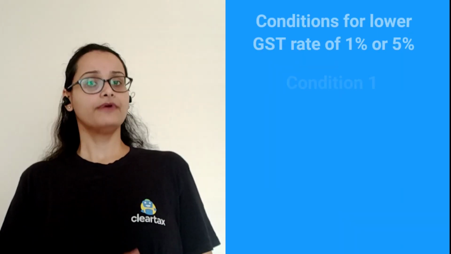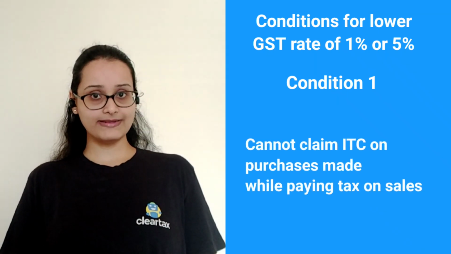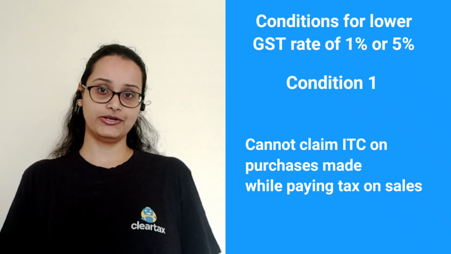Next question that comes to your mind is, what are those conditions to be satisfied by builders to go for the new scheme of lower GST rates of 5% for non-affordable and 1% for the sale of affordable under construction projects? First condition to be satisfied is that the builder cannot avail input tax credit on the purchase of construction materials or services used for residential projects.